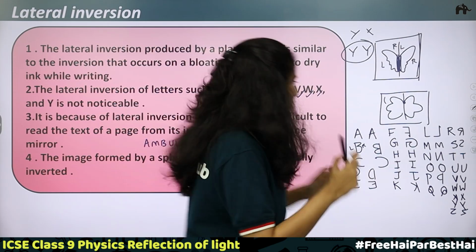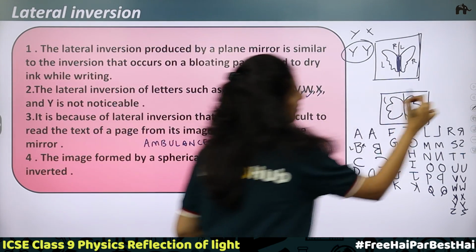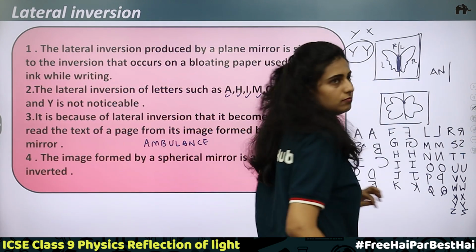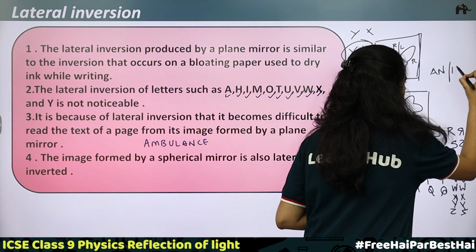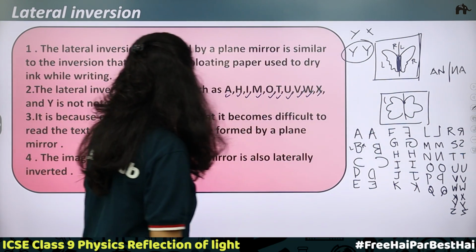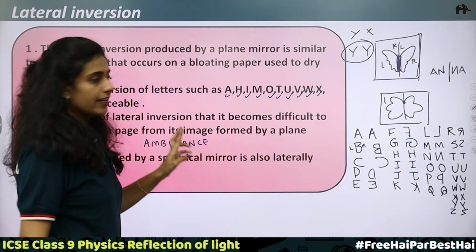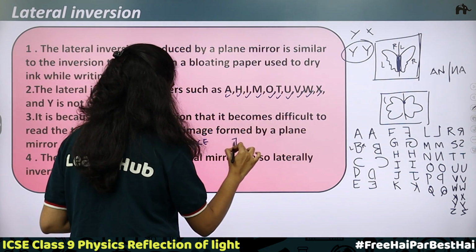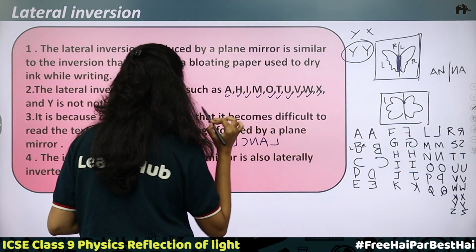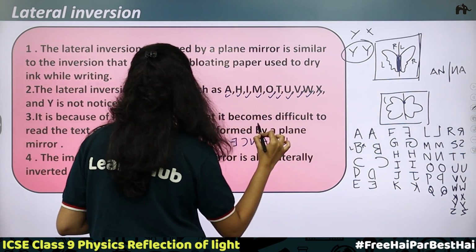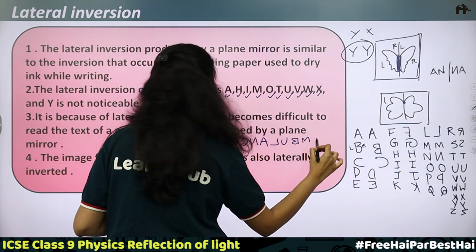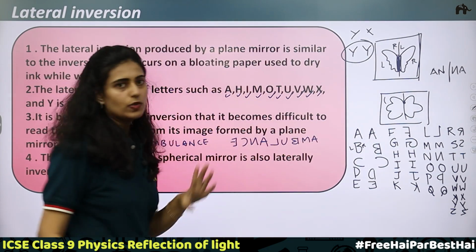For example, if you have a mirror, and this is A, N, then the image should be N, A. N will be coming first. So, in the case of an ambulance, how will it be written? It will be written as E, C, N, A, L, U, B, M, A. This is how it will be written.